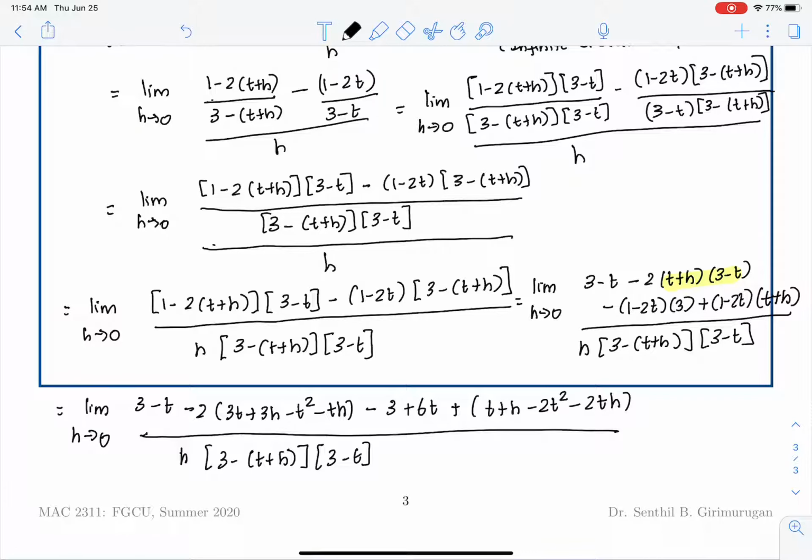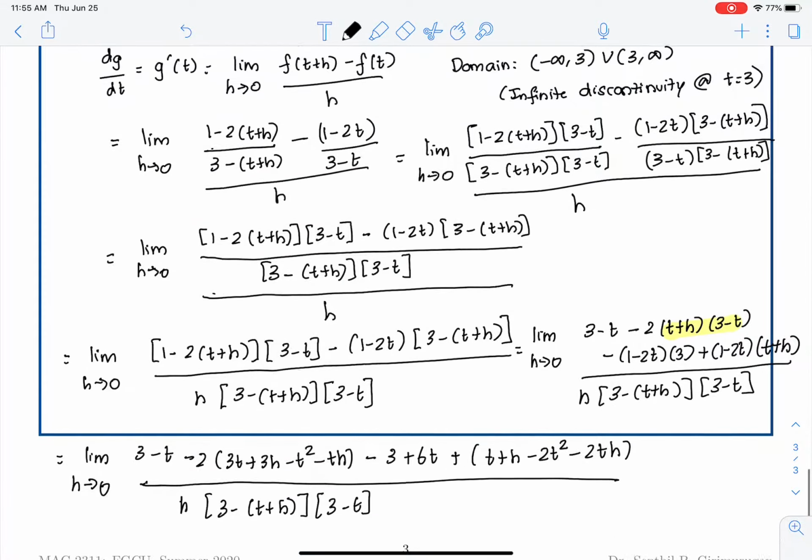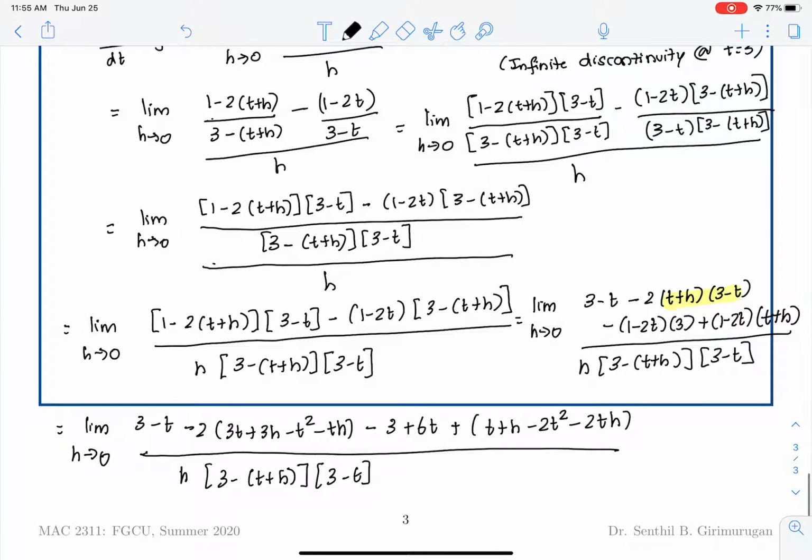You can see how complicated this is becoming. Should have used smaller fonts, I guess.